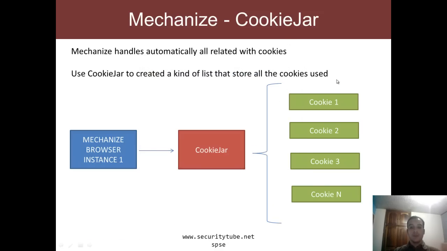So, if we want to obtain all this info, we need to create the CookieJar object and assign it to the Mechanize browser instance. In this way, with this CookieJar, we can share this object with another Mechanize browser instance.